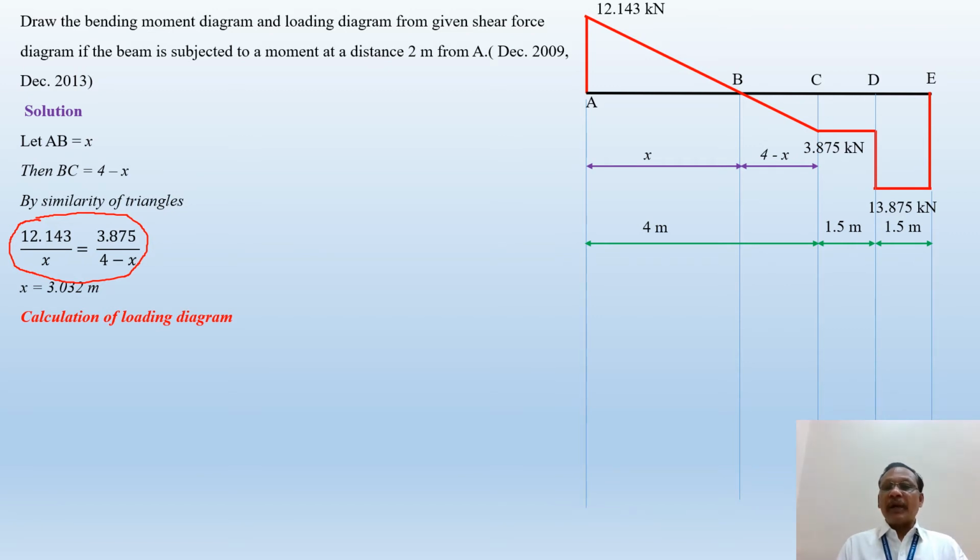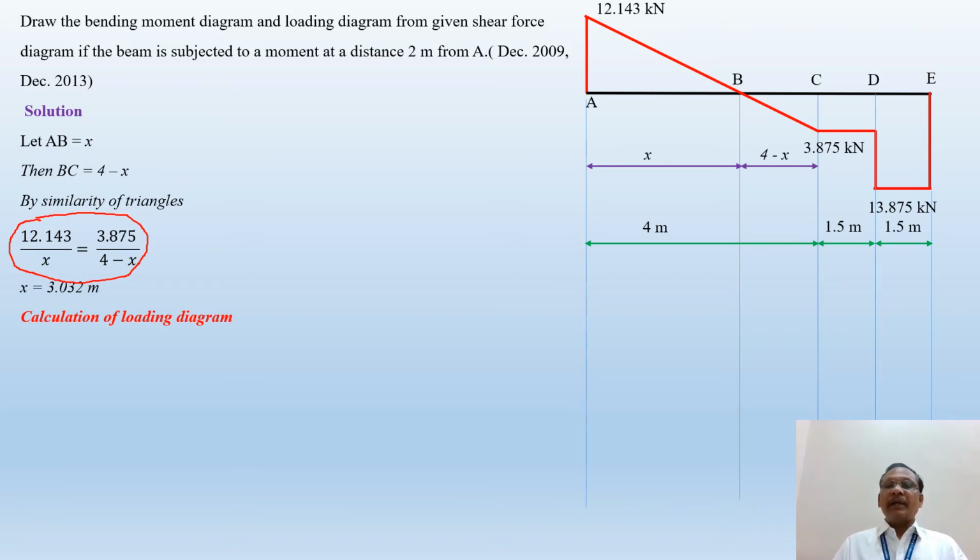While you are calculating the loading diagram, if at a point there are two values of shear force, that indicates a point load. So which are the points where point loads are acting? At E, 0 and 13.875 shear force is acting. That means at E there is a point load. Then at D also you will get two values of shear force, so at D there is also a point load acting, but at C there is no point load.